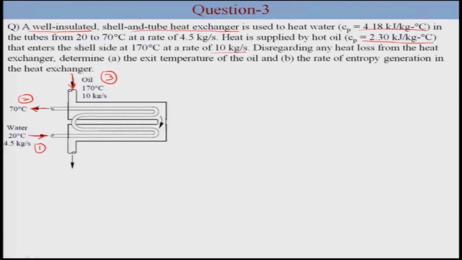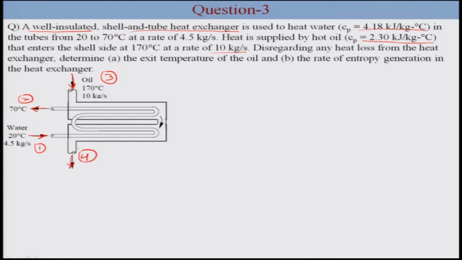Disregarding any heat loss from the heat exchanger, determine the exit temperature of the oil. This temperature we need to find out, and the rate of entropy generation in the heat exchanger. This we mark as 4. We take the cold water tubes as the system.